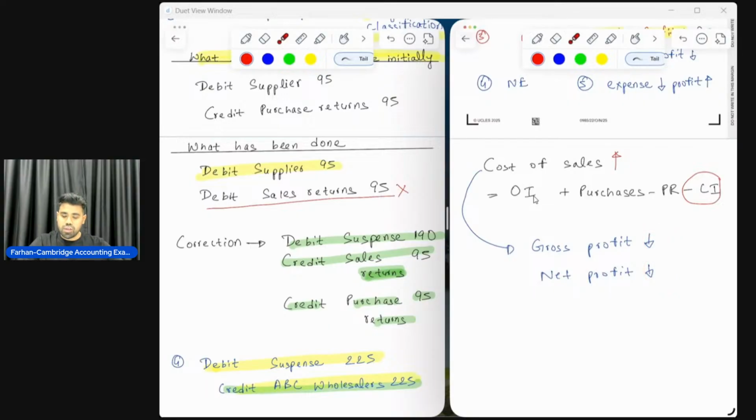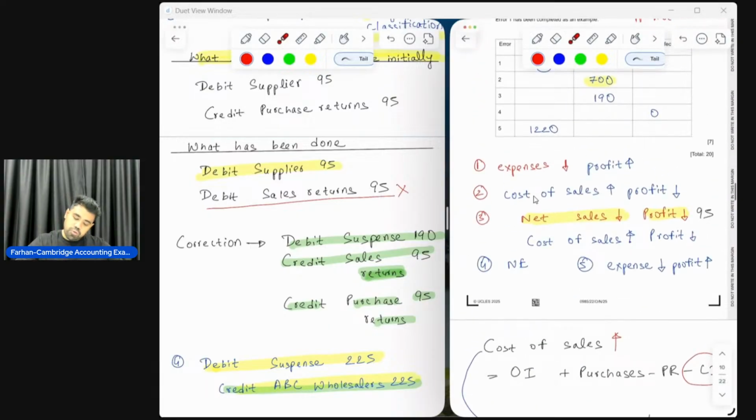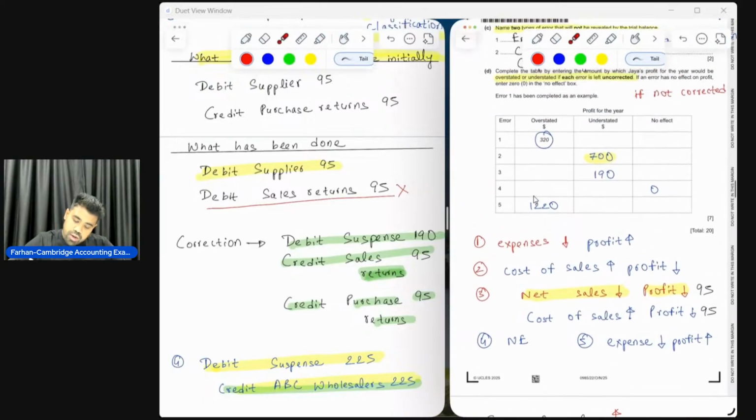Isn't that so? Yes. So if cost of goods sold increases by 95, profit should again go down by 95 as we have just figured out. So altogether, the net effect is that the total profit decreases by $190 if we don't correct our errors. So that means we are recording $190 understatement in profit for error number 3.